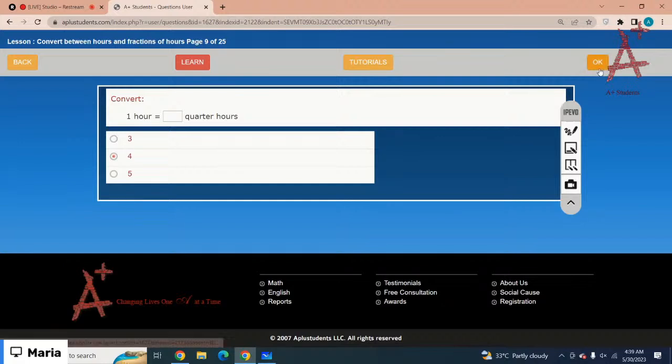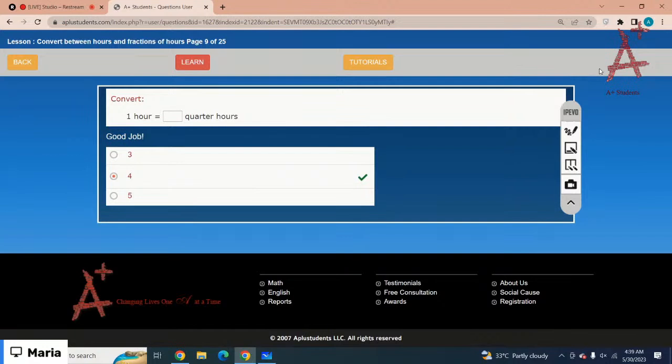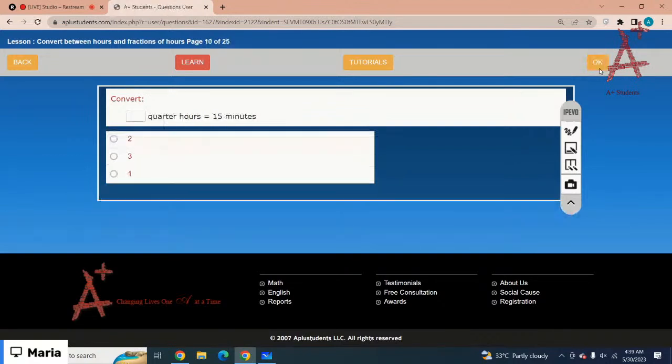Got it? How many quarter hours equal 15 minutes? 1/4 hour equals 15 minutes. Got it?